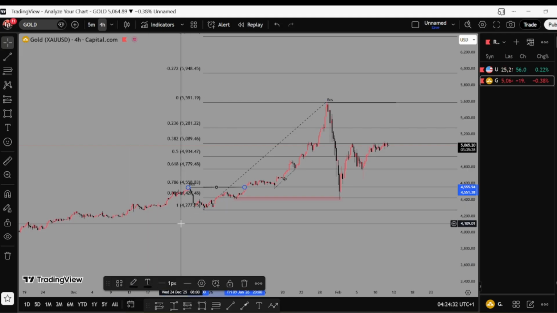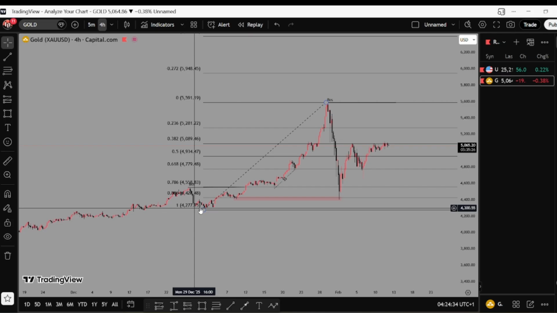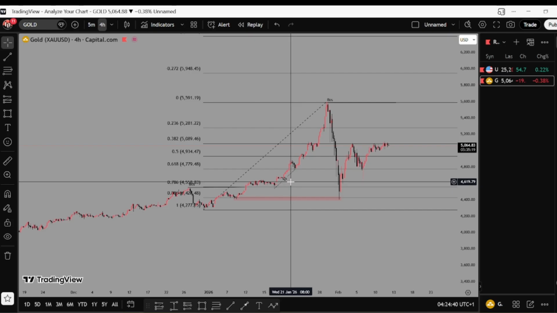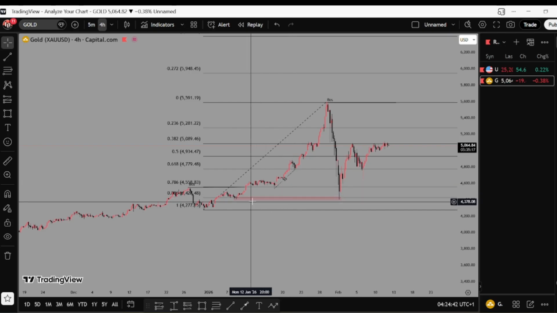Okay, right away. So this is our previous BOS, and this is our current BOS. Then this is our liquidity level, and this is our demand zone.